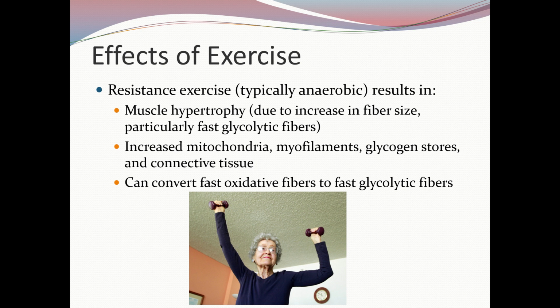And so this one can convert fast oxidative fibers to fast glycolytic fibers. When your muscles increase in their size, you're not actually gaining more muscle cells, but you are increasing the number of proteins in that fiber as well as connective tissue. You're also increasing your mitochondria, myofilaments, and then your glycogen stores.